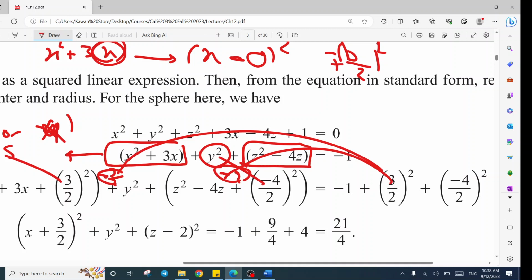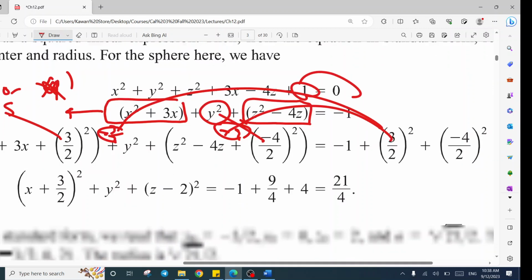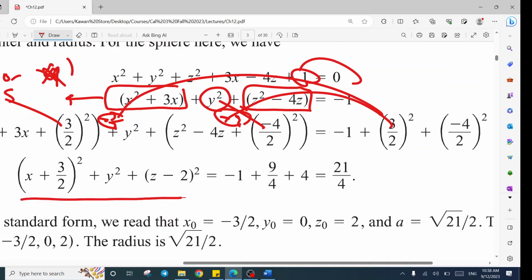And we will get this equation. Now the center is what? Can you tell me? 3 over 2. It was positive, so it means negative 3 over 2, then 0 and 2.